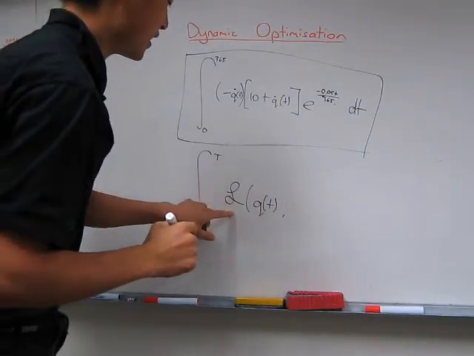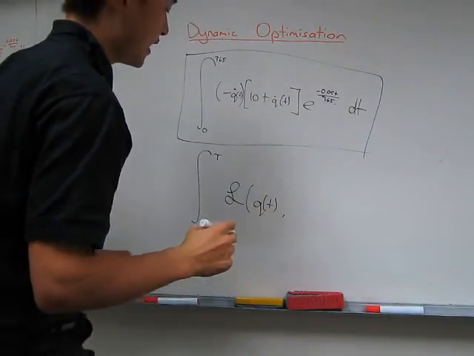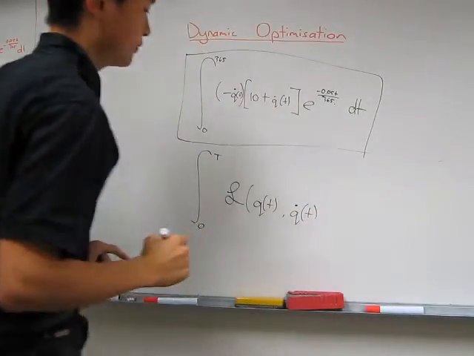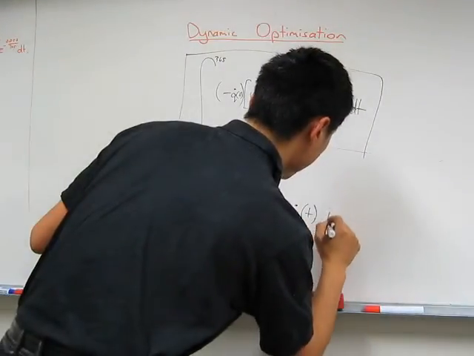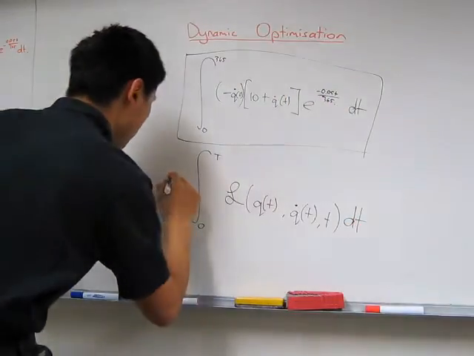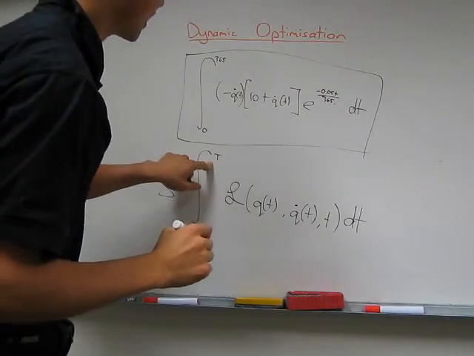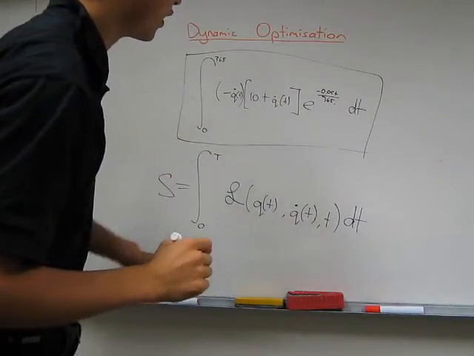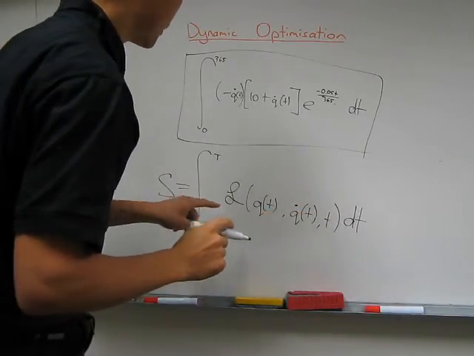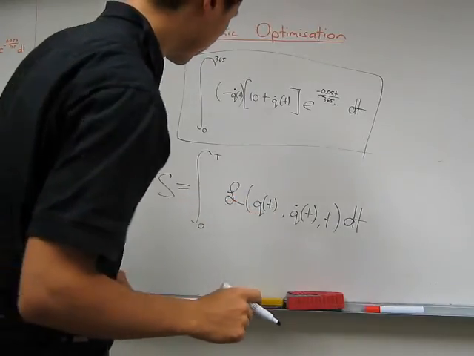The Lagrangian at any time can depend on our choice of Q of T. It can depend on Q dot of T. And it can even depend directly on time. And the thing that we want to maximize is this integral from 0 to capital T, our defined time frame. We want to maximize the integral of the Lagrangian by choosing the optimal function, Q of T.